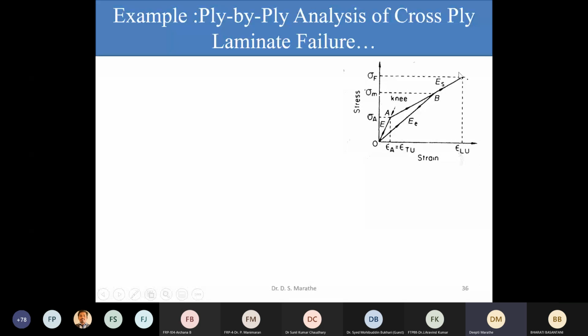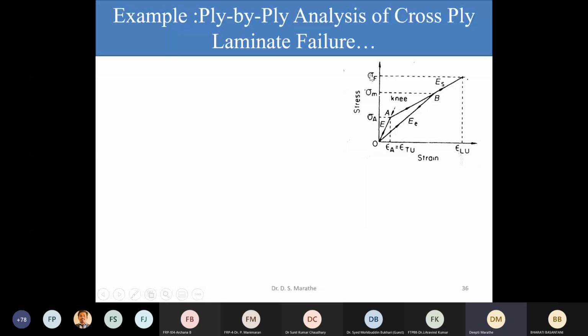So this initial part is going to be the failure of 90 degree plies. Then the complete load is taken by 0 degree plies up to this level where there is a failure of matrix, but still the fibers keep on taking the load. This is the ultimate failure strain, and therefore the ultimate failure strength of that particular laminate.